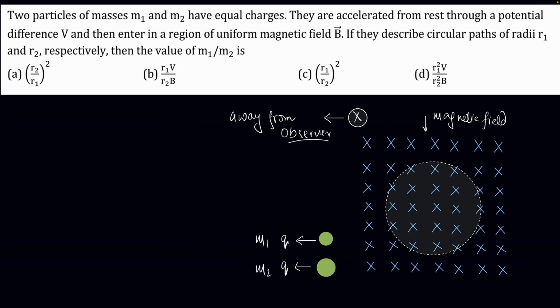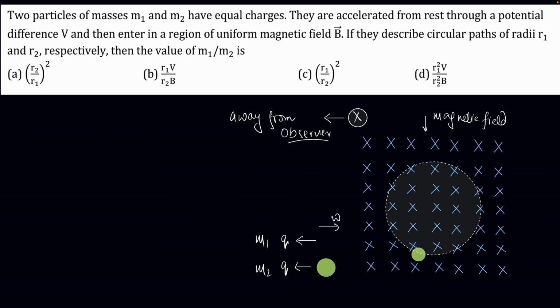Now when we apply certain work on it, this charged particle starts moving with certain acceleration. When it reaches the magnetic field, it starts forming a circular path. Why is it forming a circular path?